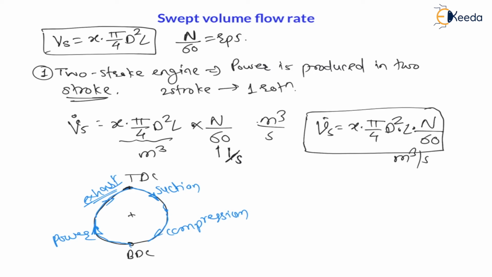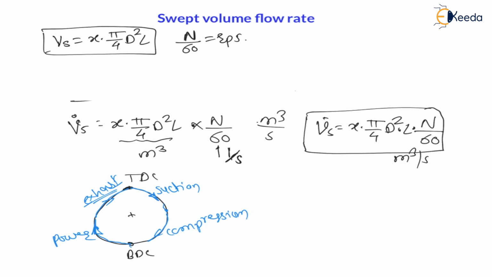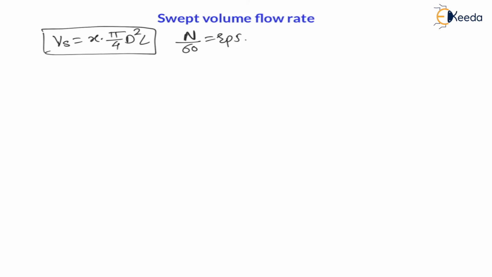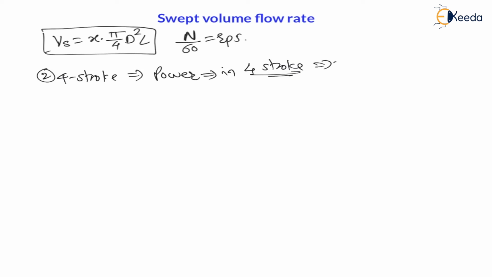Now let us understand the four stroke engine. Four stroke means power is generated after four strokes. Let us say the second condition is a four stroke engine. If they mention four stroke engine, that means a single power is generated in four strokes. That means four strokes means two rotations of the crank. Let us say this is the first rotation of the crank.